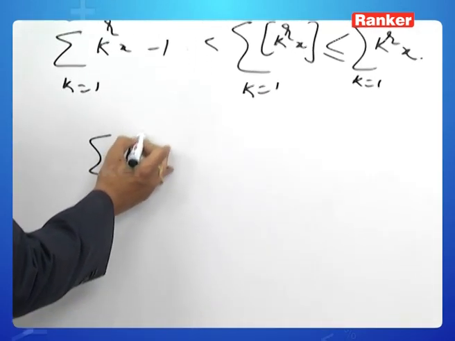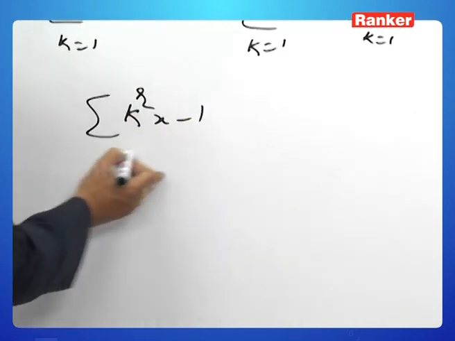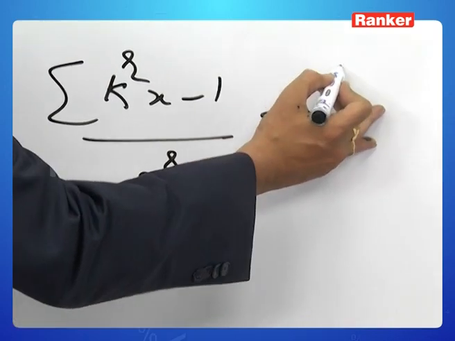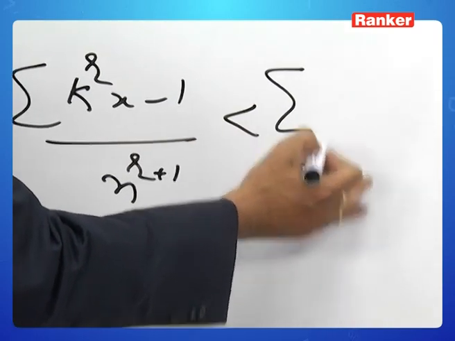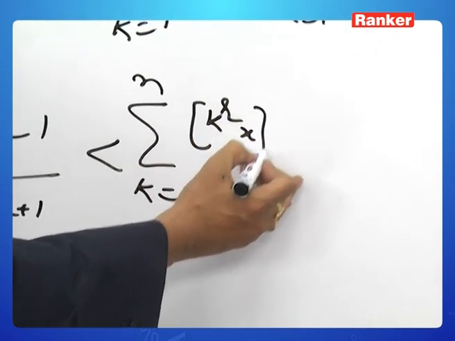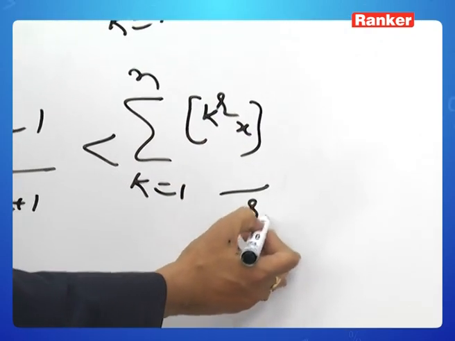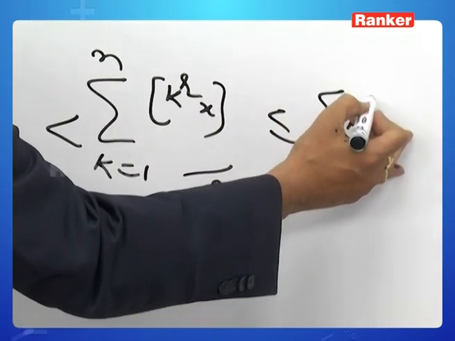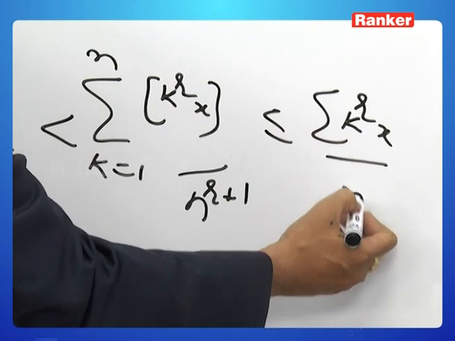Sigma of k power r into x minus 1 by n power r plus 1 is less than the sum of the integral part of k power r into x by n power r plus 1, which is less than or equal to sigma of k power r into x by n power r plus 1.